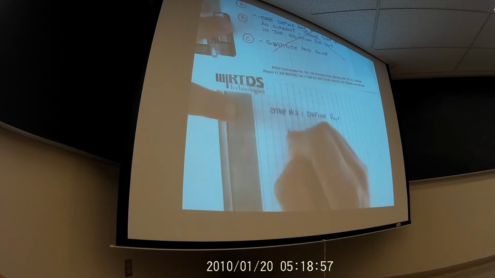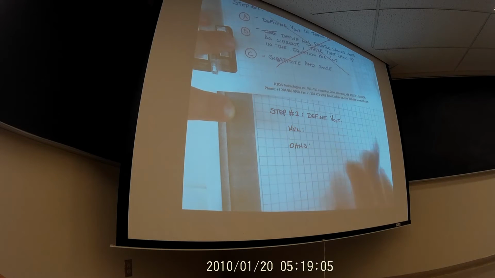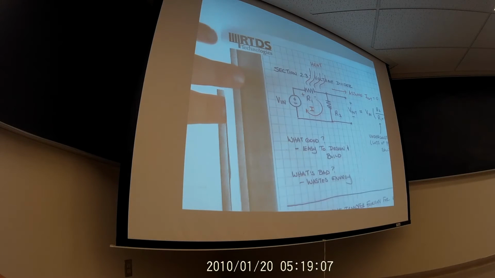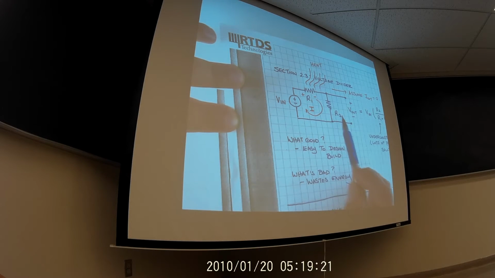We have a KVL-based expression and an Ohm's law-based expression. The KVL one, if we assume this to be the reference polarity, is going to say V in minus VR1 minus V out equals 0.